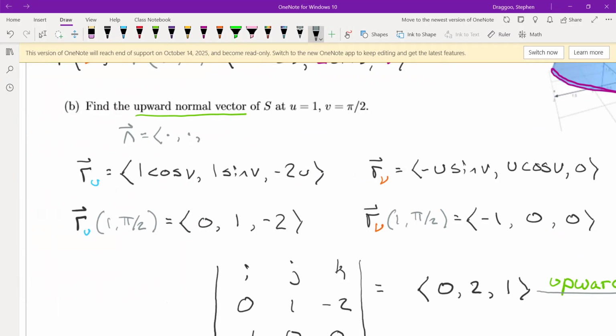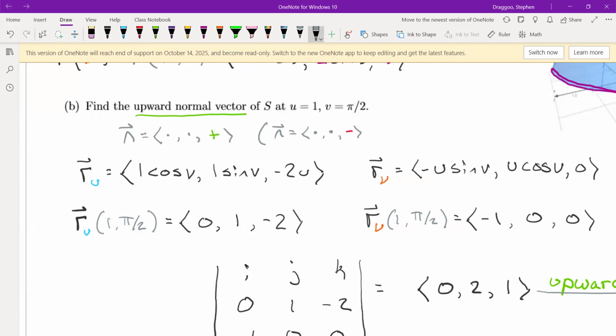So if I want to find a vector that points upward, I just need the z component to be positive. The x and the y components shouldn't matter for a vector being upward or downward, only the z component matters. So I'm looking for an upward pointing normal vector. I need to make sure that the z component is positive and nothing else matters.